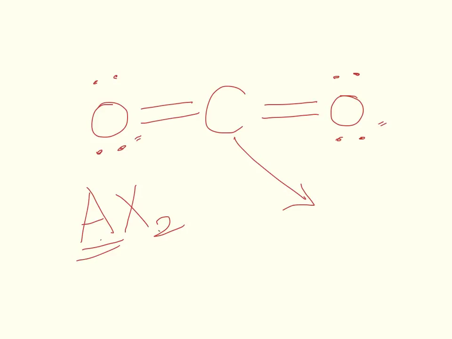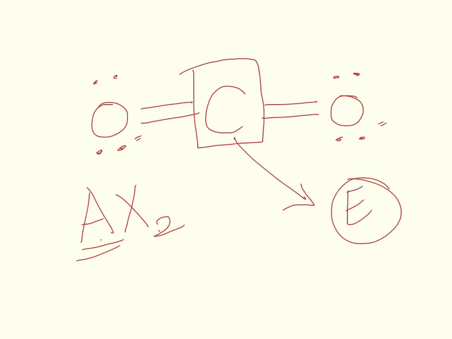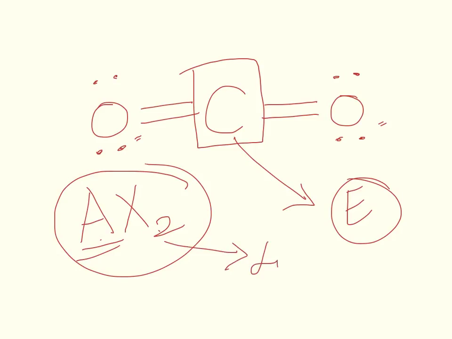So the type of the molecule is AX2, and there is no E, meaning there is no lone pair of electrons on the central atom. So this is of the type AX2, and so it's a linear molecule with a bond angle of 180 degrees.